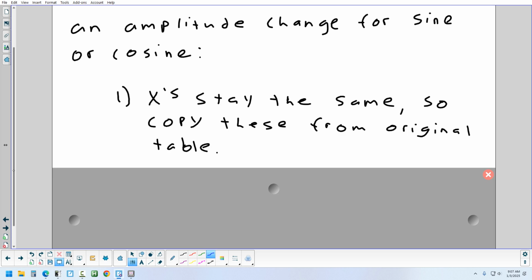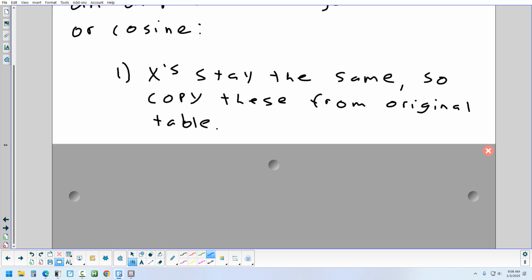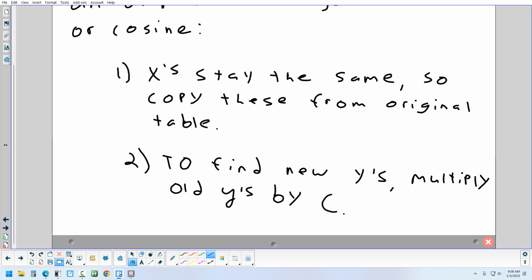So for an amplitude change, those are going to be our x values. The only way that would change is if we did multiple transformations at the same time, but we're not doing that today. Okay, so all our amplitude changes will have those x values. And to find the new y values, just take the old y values and multiply by c. Notice it does not say absolute value of c. You have to use whatever number is in front because the negative has a big impact on what the graph looks like.